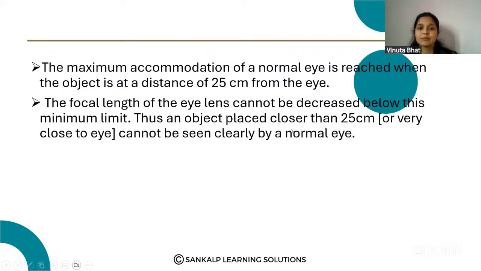Because the maximum accommodation of normal eye is reached when the object is at a distance of 25 centimeter from the eye, right? The focal length of eye lens cannot be decreased below this minimum limit. Thus, an object placed closer than 25 centimeter cannot be seen clearly by a normal eye. So, that is the reason. Please note down this question.